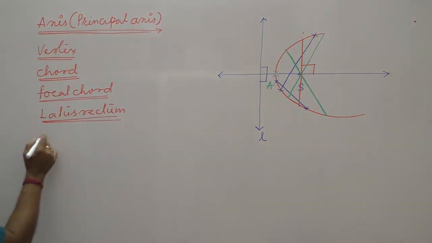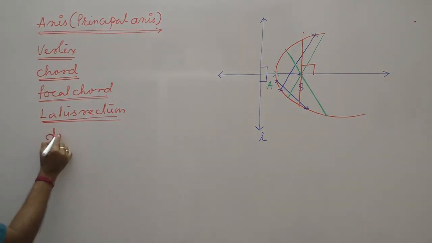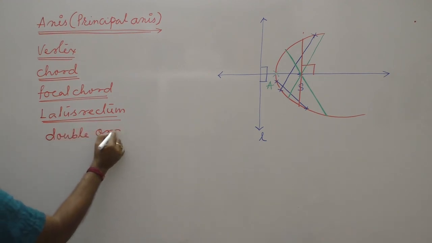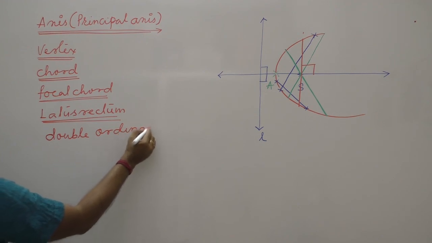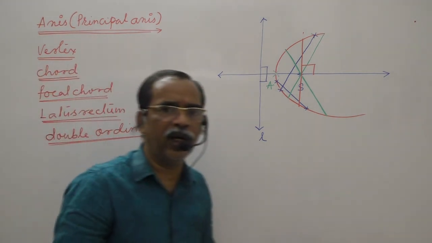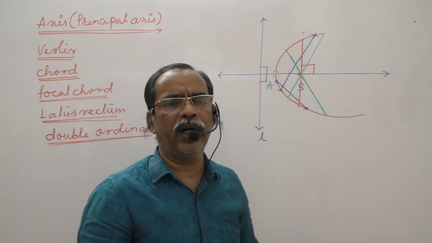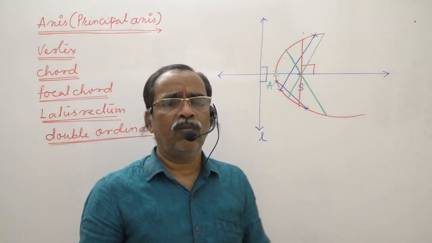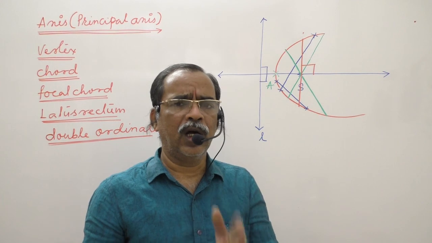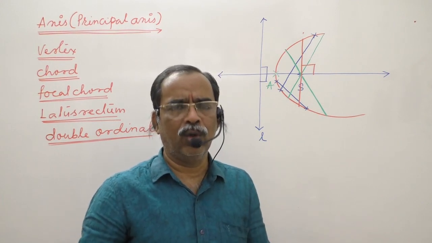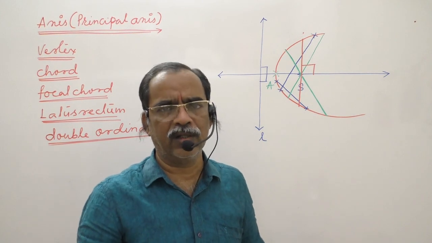Next one is double ordinate. What is a double ordinate? Ordinate means, if you have a given point, its y coordinate. In general, all conics are symmetric about their axis. We will come to know this in the next classes.